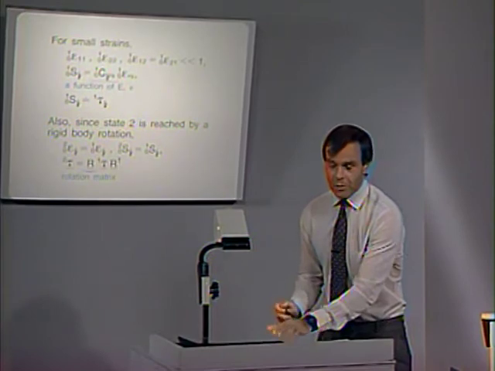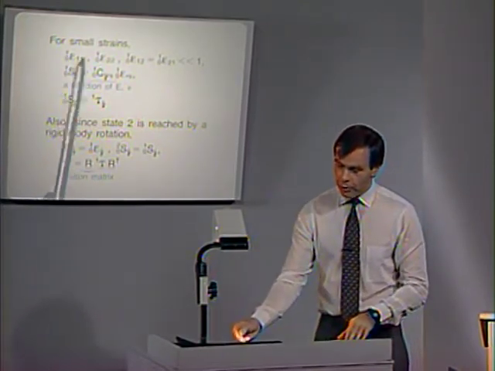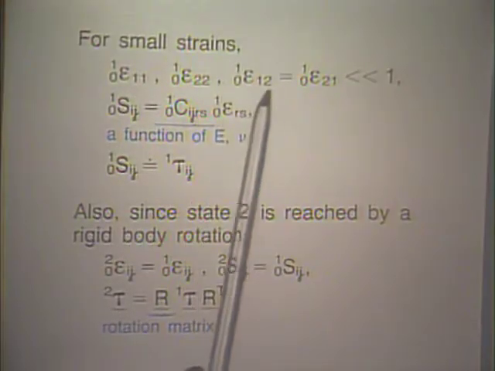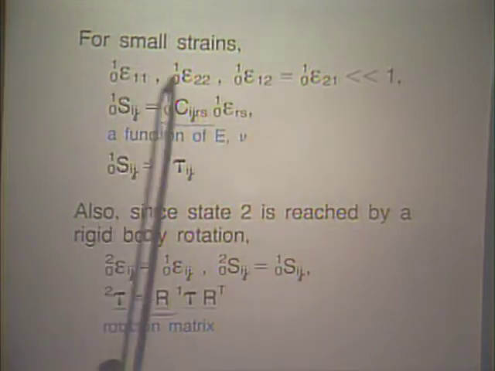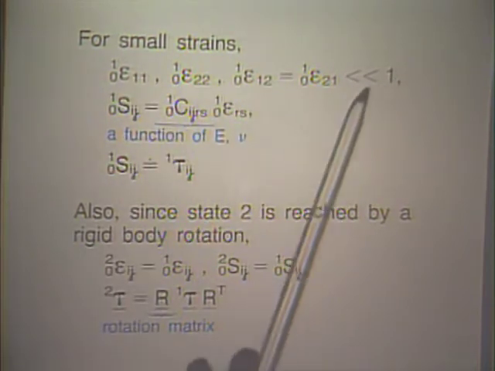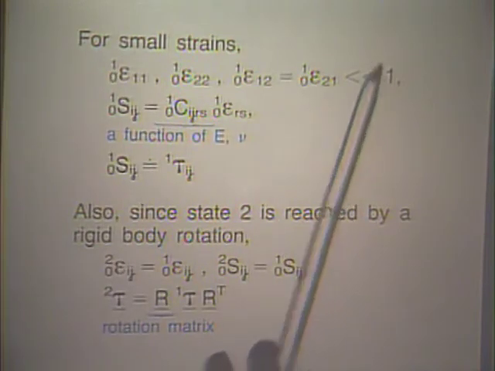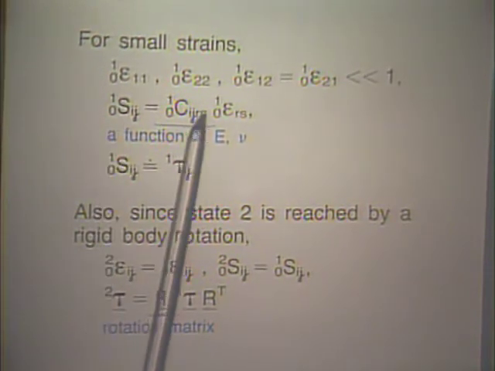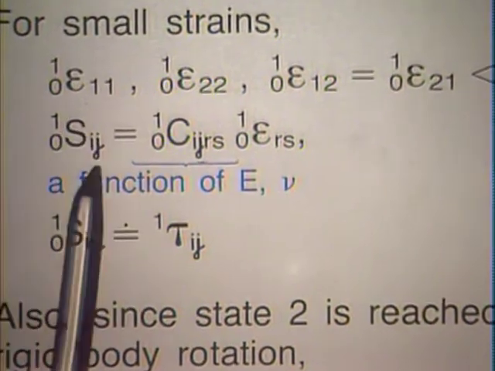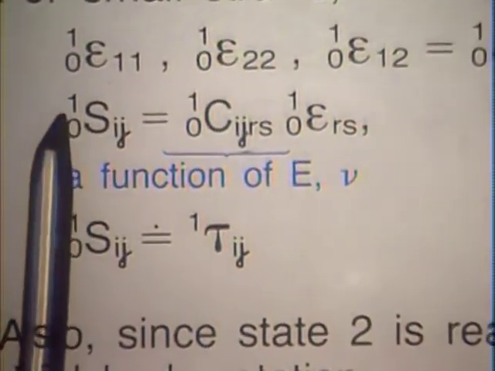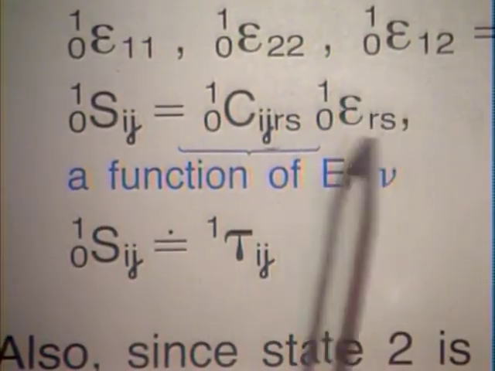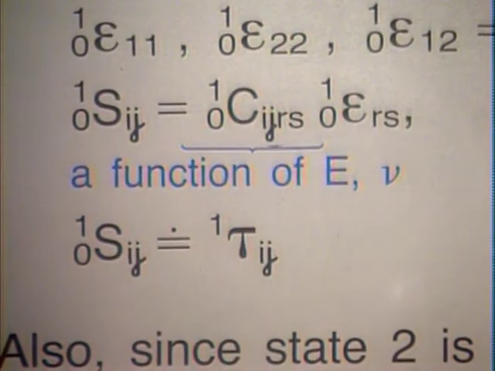On this view graph, we summarize this information once more. For small strains, we have, of course, this relationship here, which means that these strain components are much smaller than 1. And we can directly say that the second Piola-Kirchhoff stress in configuration 1 is given by the Green-Lagrange strains in configuration 1.